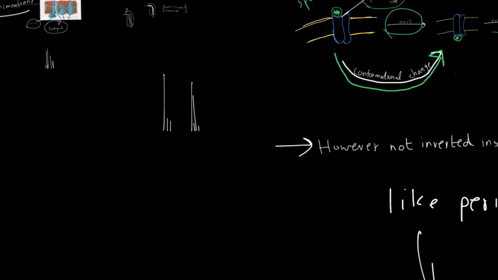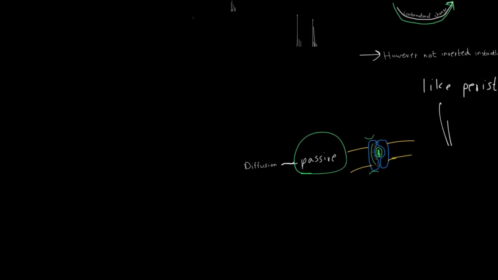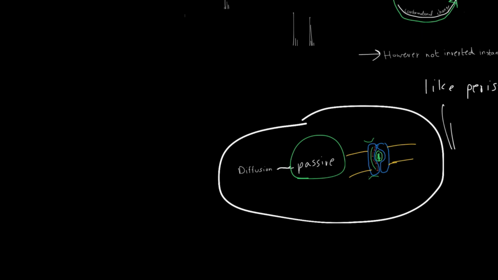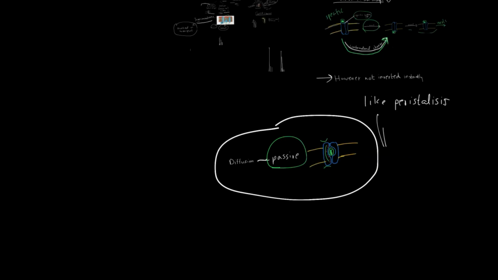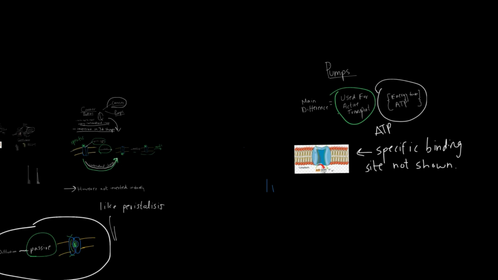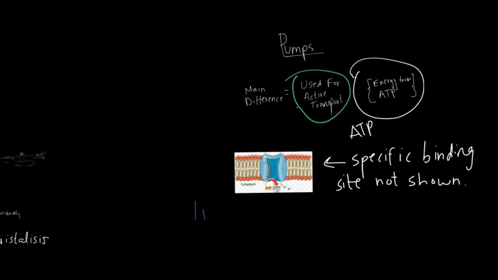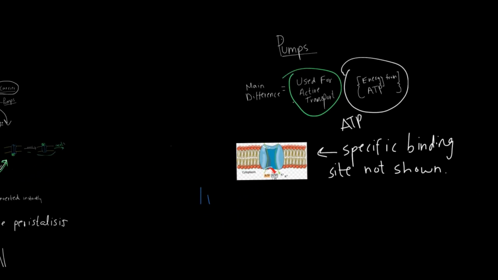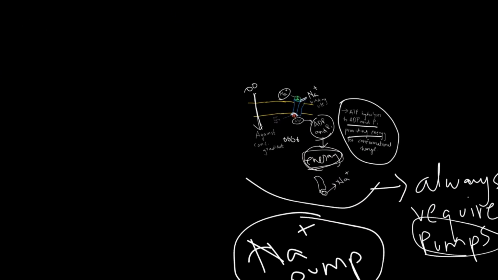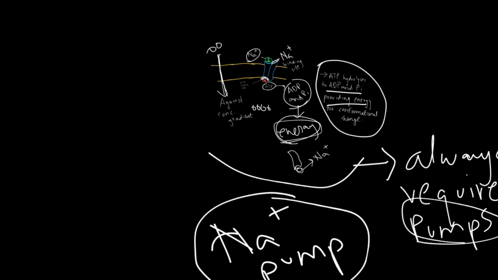They use diffusion, and that's how they bring it using a peristalsis type of journey into the cell, right? And then there are pumps. These pumps are used when active transport is required, and we've stated how pumps act. So that was it for today.